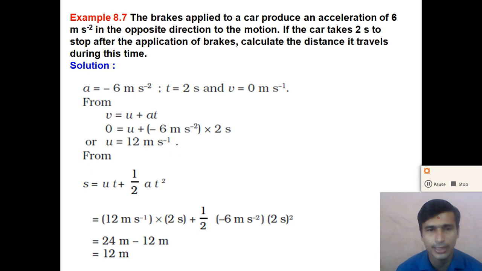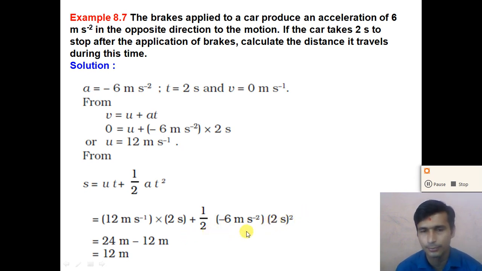So this example we can also calculate with the help of the distance velocity relation. So here the initial velocity u is equal to 12 meter per second. So we get s, the distance traveled by the car, s is equal to ut plus 1 half at square. For u we get 12 multiplied by t, 2, plus 1 half acceleration a is equal to minus 6 and t is equal to 2 square, right?